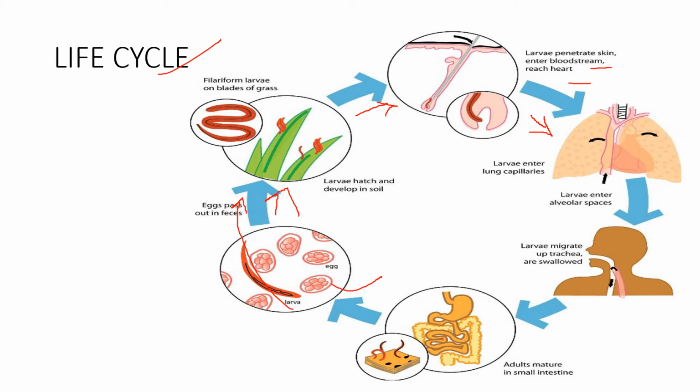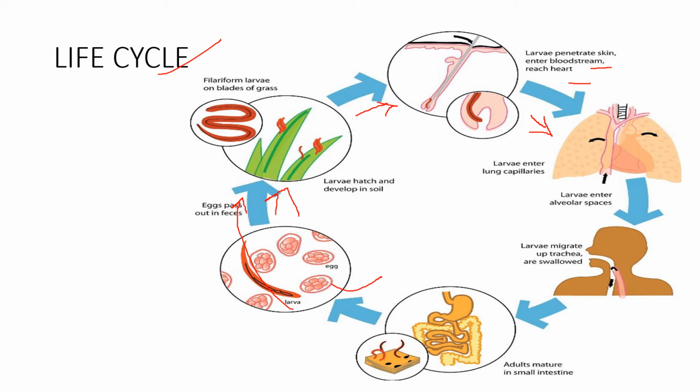Once it enters, the child starts coughing. Then the larva migrates upwards towards the trachea, and when the child tries to swallow, the larva enters the small intestine with the swallowing process. So this is how they enter our body.